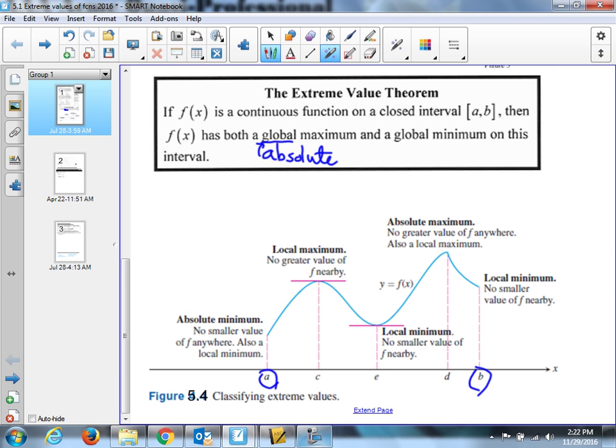It's continuous. Yep, there are no breaks. It's defined on the closed interval a to b. Yep, starts at a, ends at b. And it has a global or absolute maximum and a global minimum in the interval.